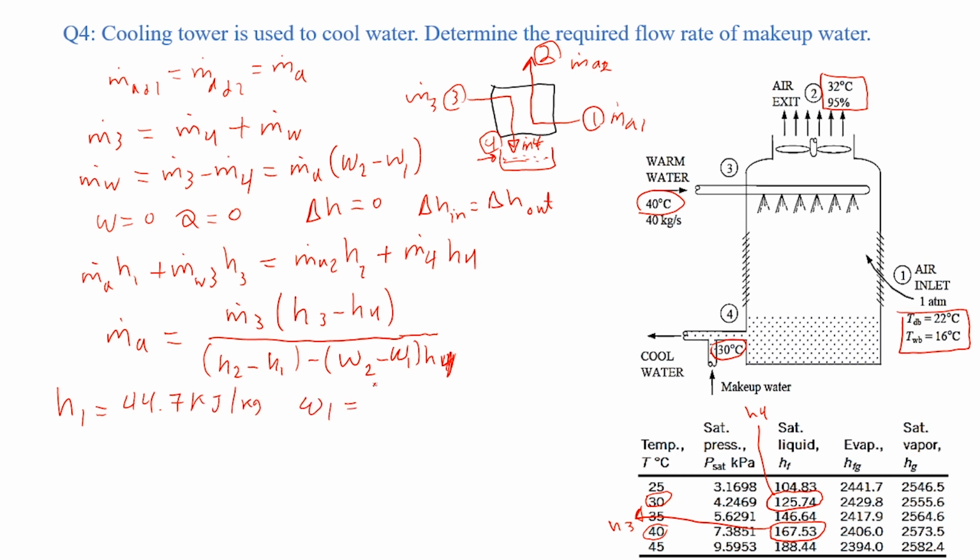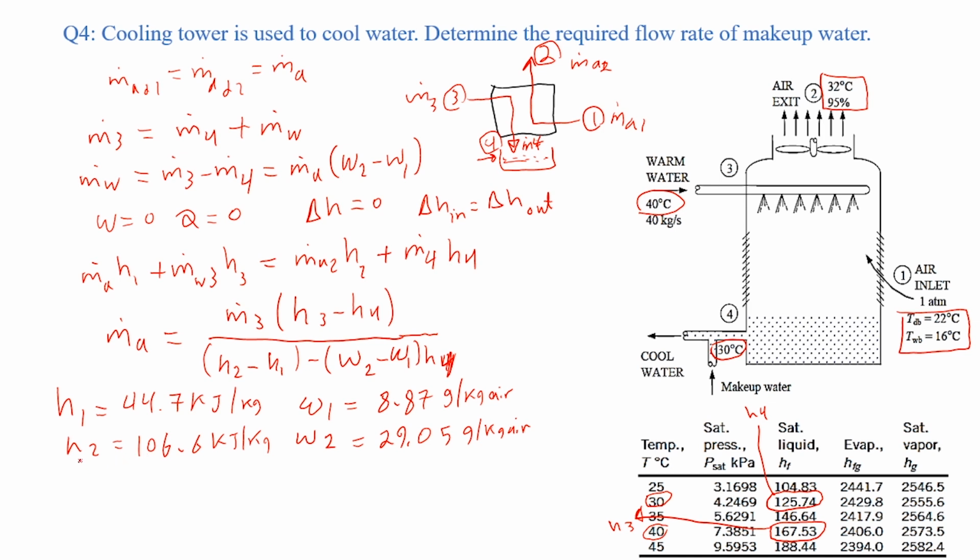Omega 1 is 8.8 gram water per kilogram air. Note that for the calculation we have to change it later on to kilogram per kilogram. We cannot use gram per kilogram. H2 will be 106.6 kilojoule per kilogram dry air and omega 2 will be 29 gram.